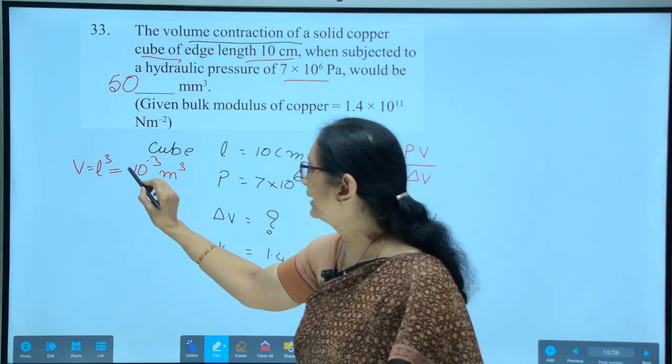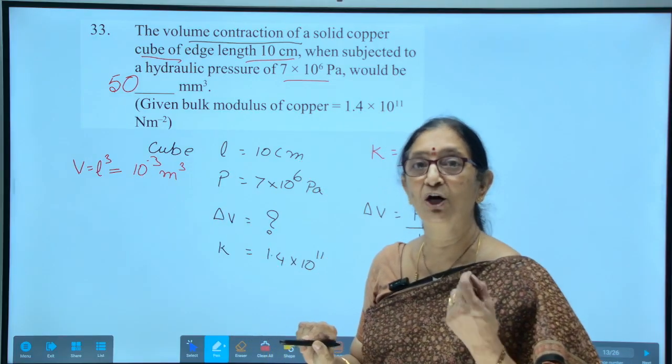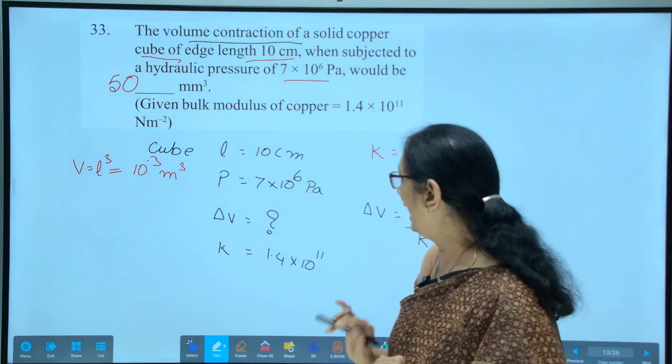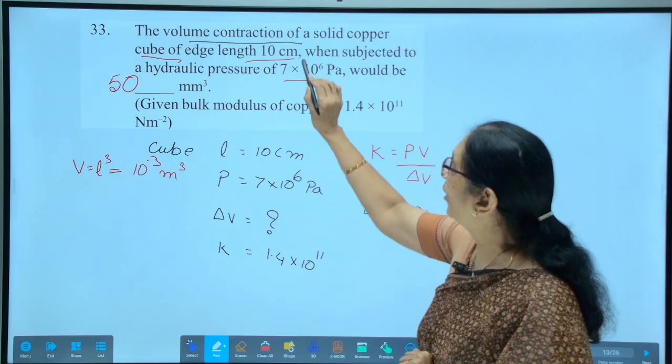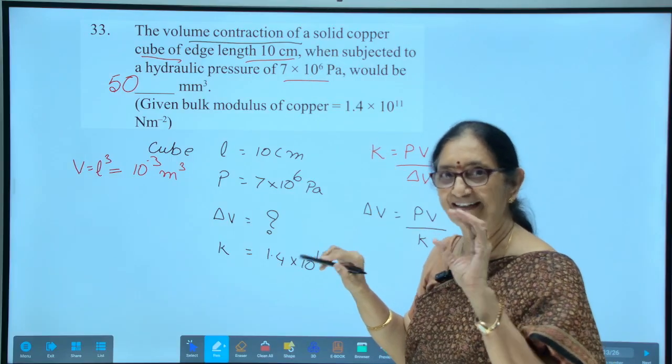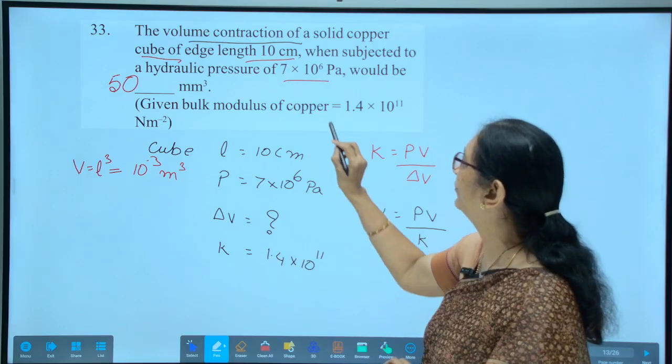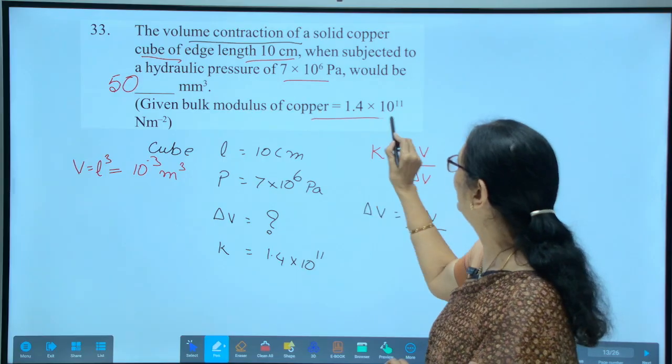So volume becomes 10 to the power of minus 1 whole cube, that is 10 power minus 3 meter cube. You need to find out the volume contraction, the decrease in volume. Delta V is asked. K is given as 1.4 into 10 to the power of 11.